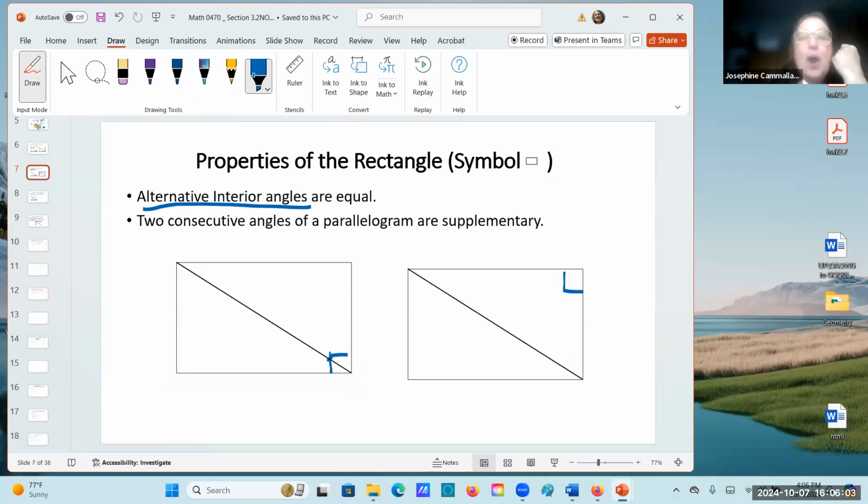The reason is a rectangle is also in the parallelogram family, which means that even though these 2 sides with one blue arrow are congruent, they are also parallel, and these 2 sides with red arrows are also parallel, but the fact that I have a box gives me the rectangle.